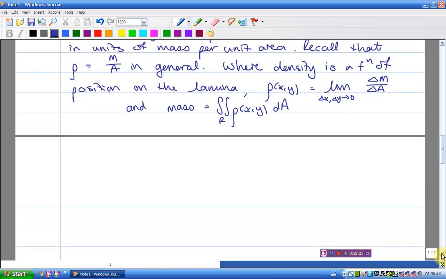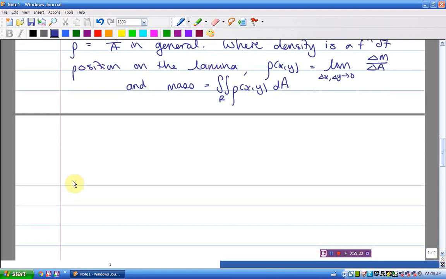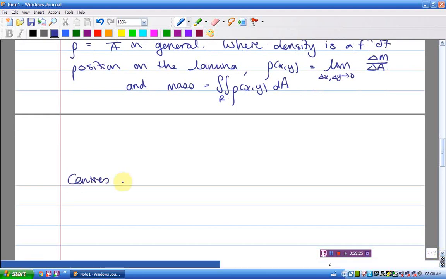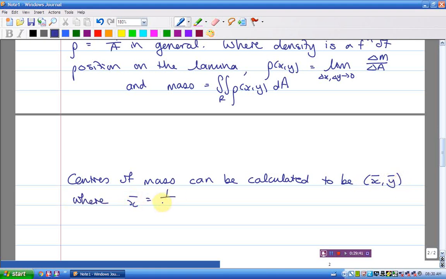Okay, alrighty then. And then centers of mass. Centers of mass can be calculated: x bar and y bar, where x bar is what we're essentially doing is weighting the x coordinate.